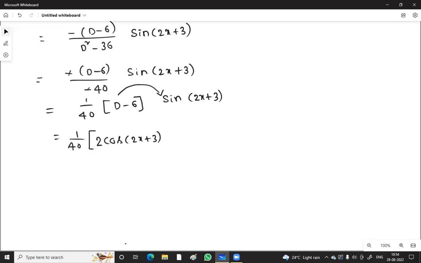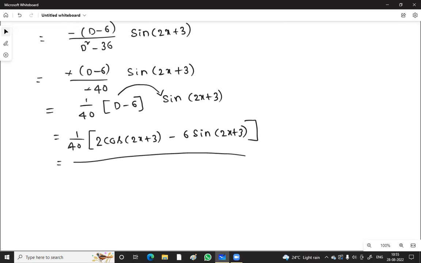Minus 6, you operate on this. Minus 6 into sine 2x plus 3. That's it. Any d terms remaining in this? No d terms. So we have operated with 1 over f of d on our input. So this is the final solution under part 2.